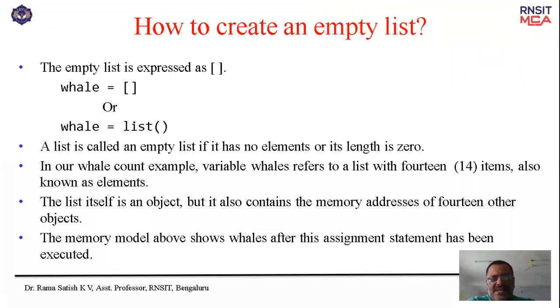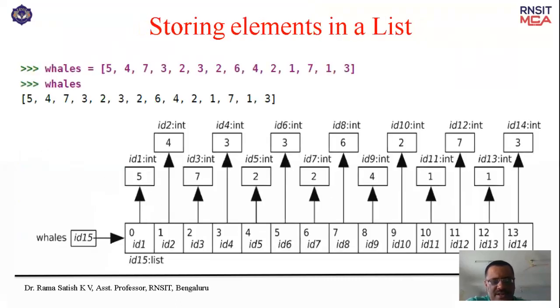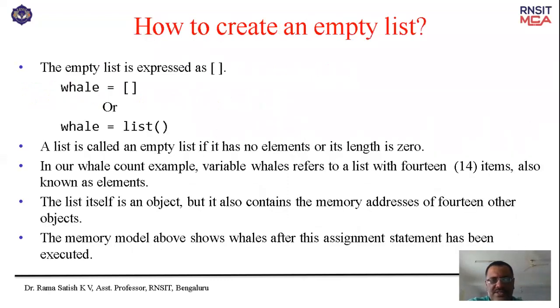The list itself is an object, but it also contains the memory addresses of other objects. That's what we have seen previously. It had 14 elements, and each of the 14 elements has a different memory address, and those memory addresses are collected and stored under another list. That is the 15th one, the address of the list of whales. So it is just like that.